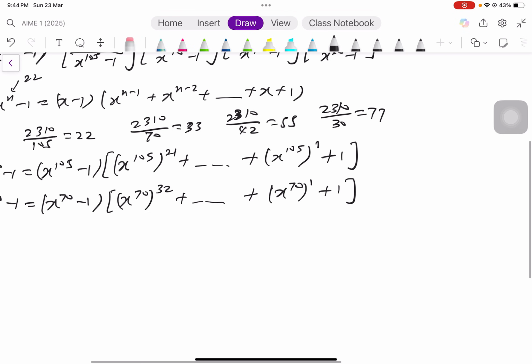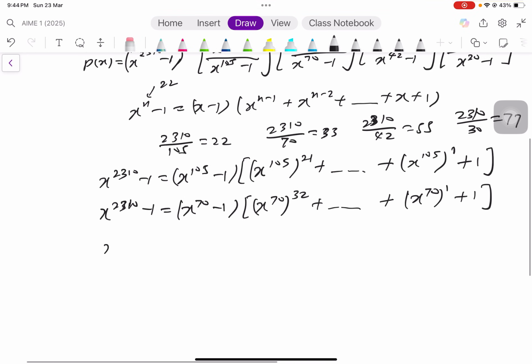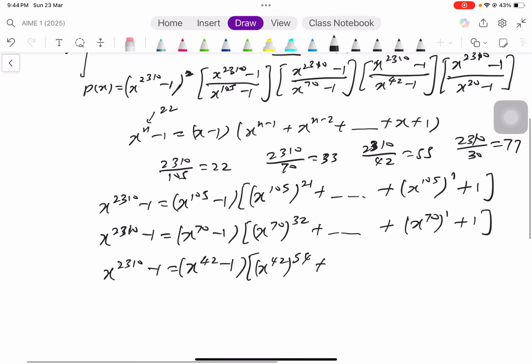All right. Then for the third bracket, x^2310 - 1 is (x^42 - 1) times x^42 raised to the power of 54, because it's 55, and so on, down to x^42 to the power of 1, plus 1.